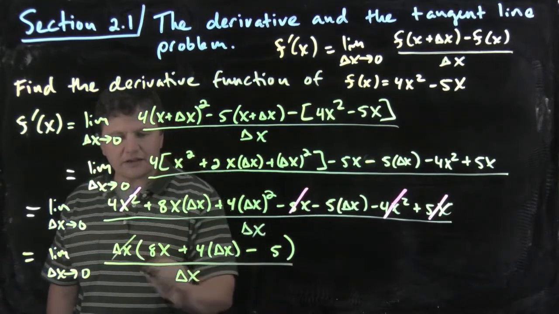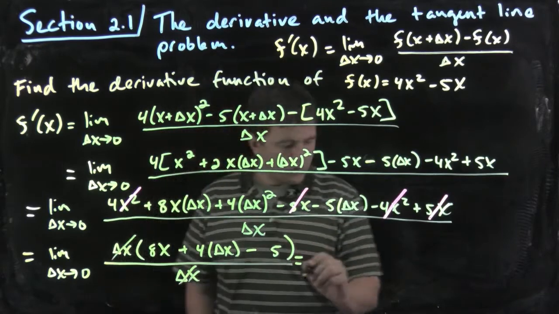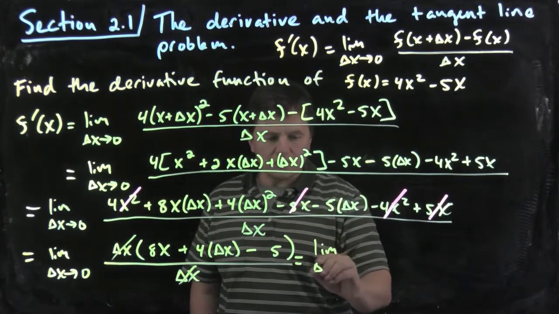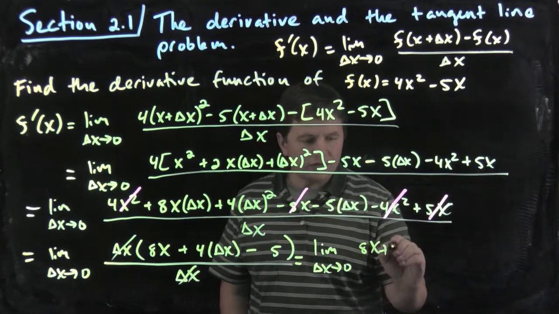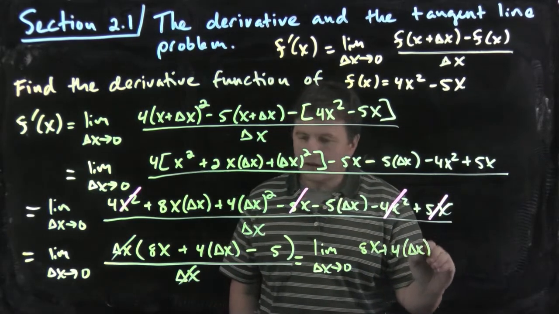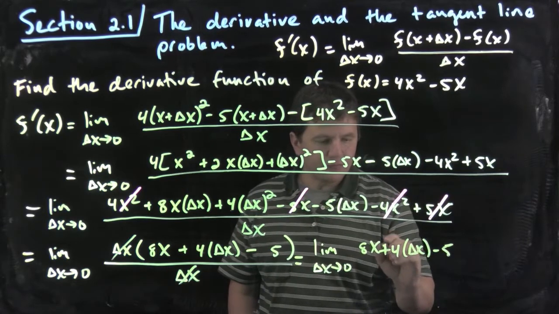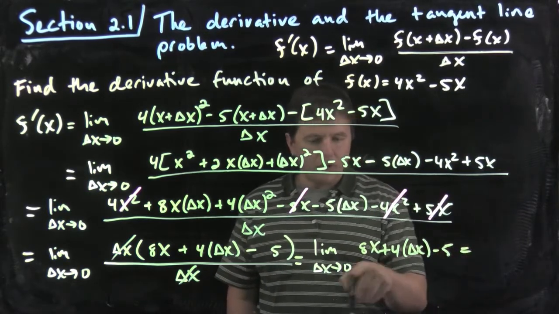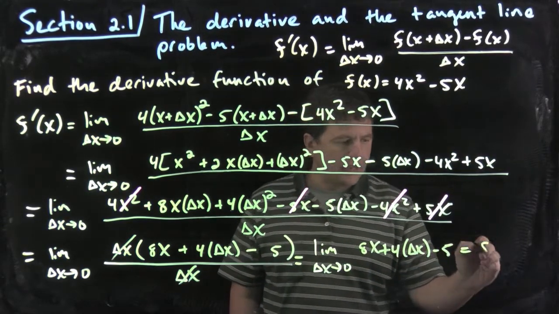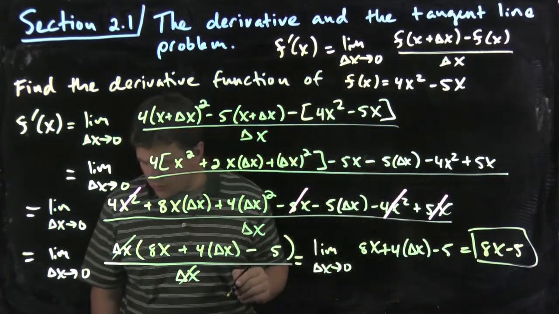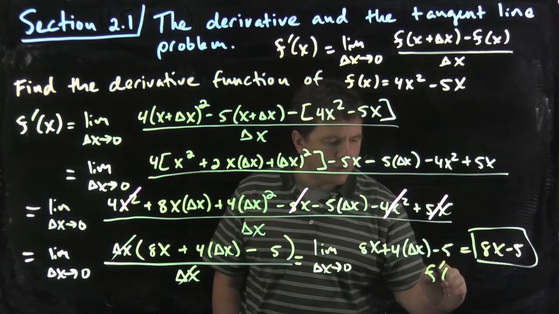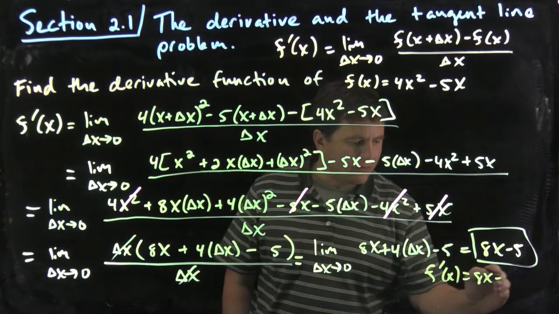Of course, the delta x's will cancel. We're left with the limit as delta x goes to 0 of 8x plus 4 delta x minus 5. Now I plug in 0 for delta x, and I get 8x minus 5, and that is my derivative function. We would label that as f prime of x equals 8x minus 5.